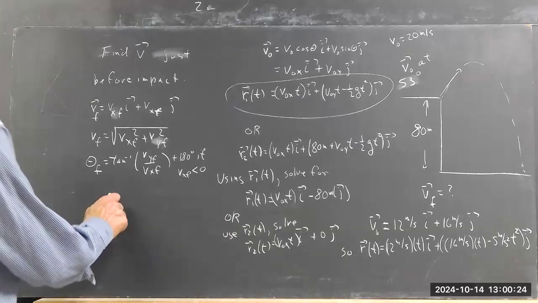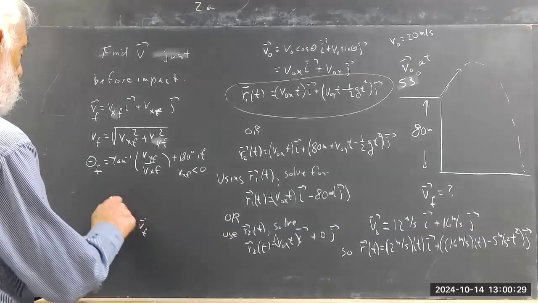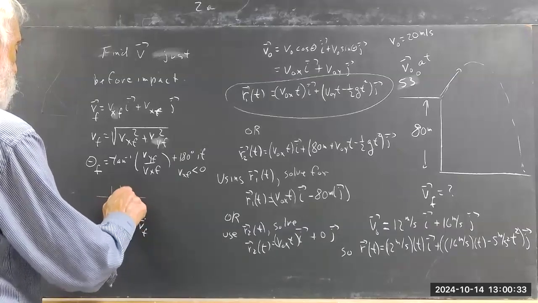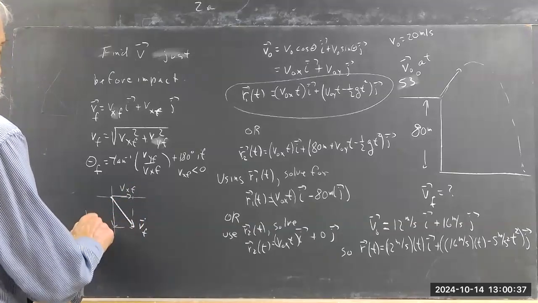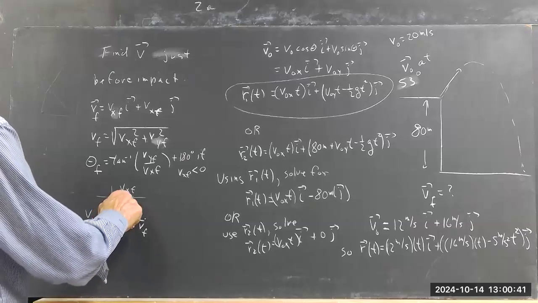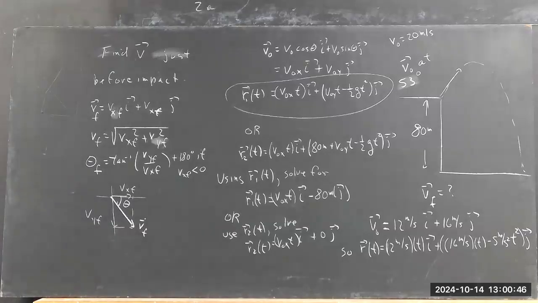You know, I mean, here's your final velocity. VYf is going to be negative.